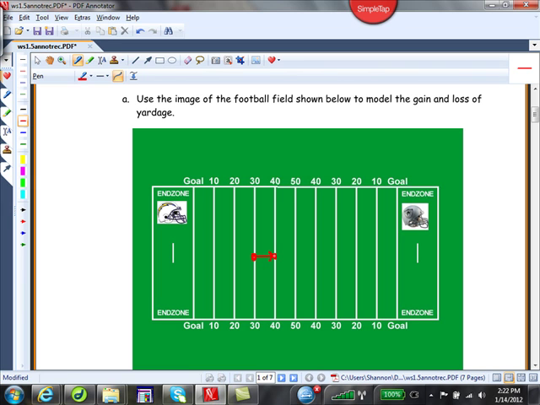Now, in the next play, we'll do this one in blue. Let's just say the Chargers ball starts here. And then if they're losing yardage, they're going back towards their own end zone. And the ball ends up right here. So that's a model for this situation.